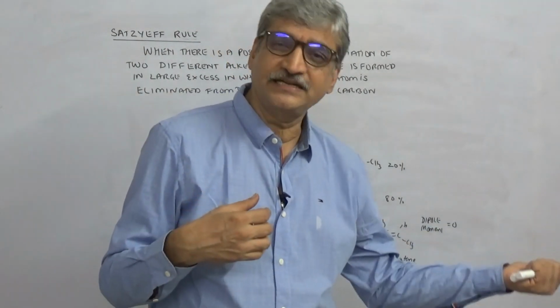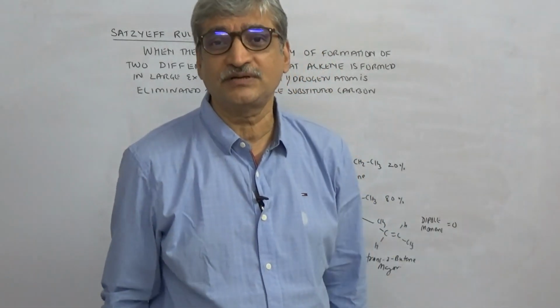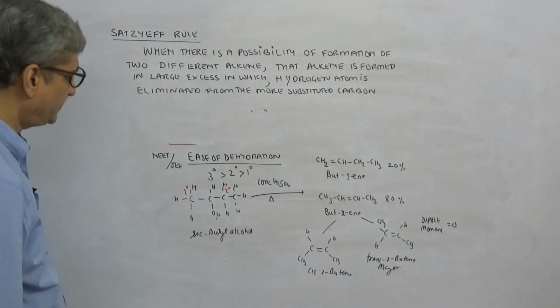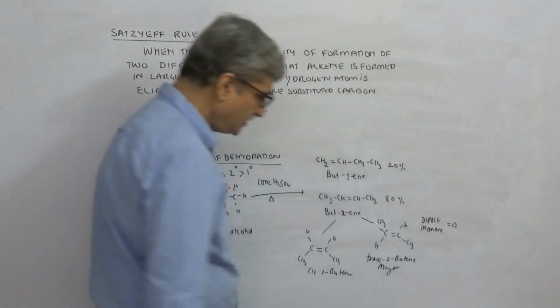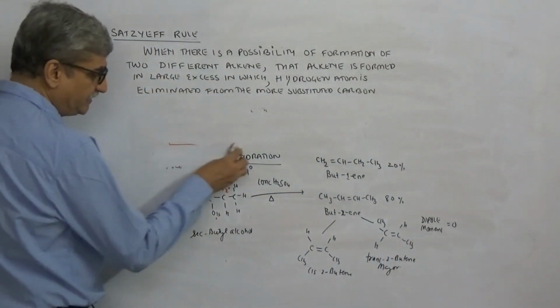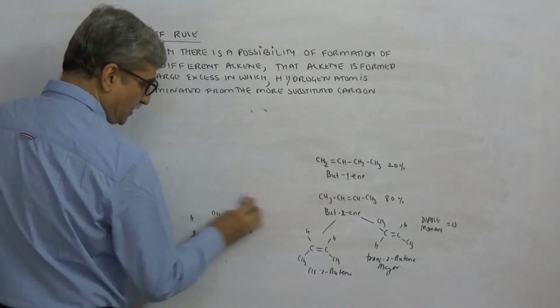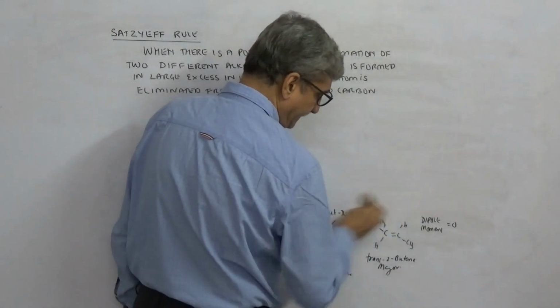Then this alkene would be preferably formed where OH gets eliminated with the hydrogen attached to a tertiary carbon atom. This is Saytzeff rule. Is this clear? Why is it so? This can be explained with the help of mechanism. So we cover both Saytzeff rule as well as mechanism of dehydration.